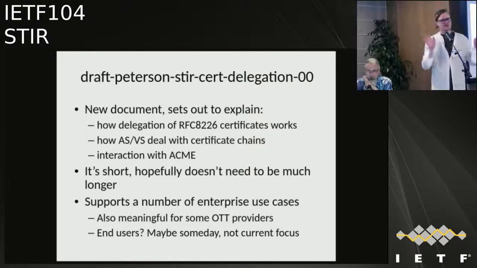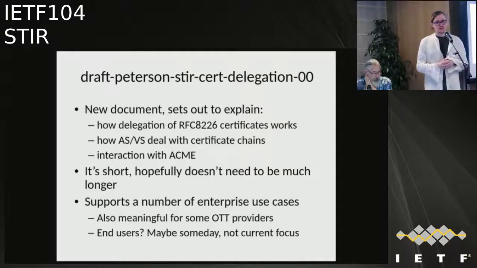And this is something that's obviously been extensively studied by good people like Russ and Sean in X.509 since time immemorial. So there's plenty that we can steal, but we still need a way to explain how it's going to work with the things that are specific to 8226, which mainly means the TN authorization list object that we added to X.509 in order to be able to talk about who owns telephone numbers and service provider codes.